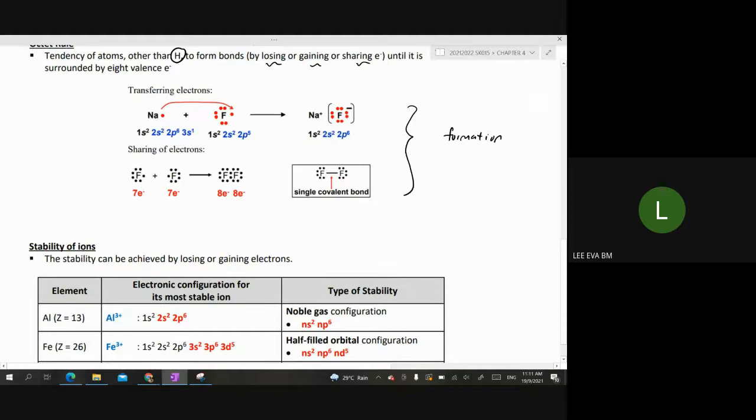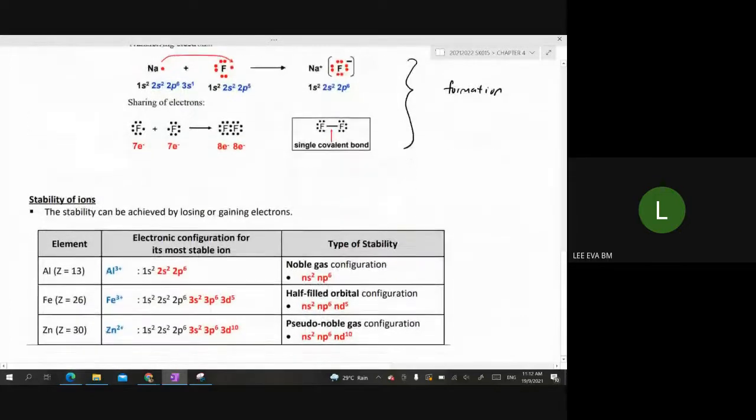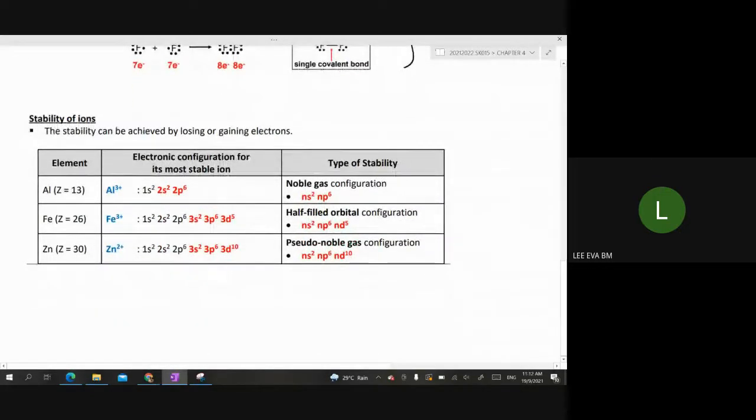Okay, so just to let you know, to achieve your octet, you can either use the method of transferring electrons, where metal releases electrons and non-metal accepts electrons, or sharing of electrons between two non-metals. So this one is just an example for you. In order to achieve the octet configuration, octet rule, there are 3 types of stability that you need to understand, be able to name and give the electronic configuration.